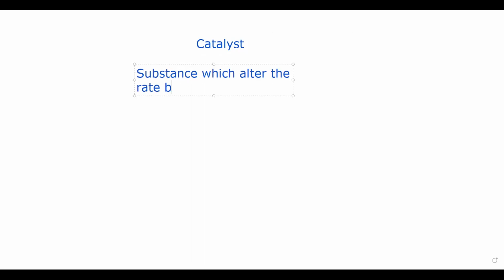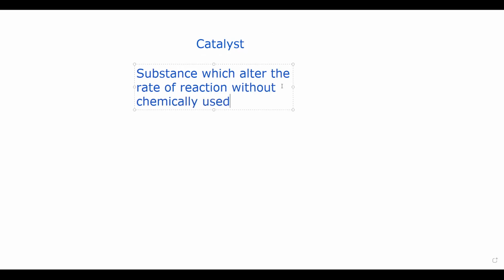So the catalyst is the substance which alters the rate of the reaction without being chemically used or consumed.